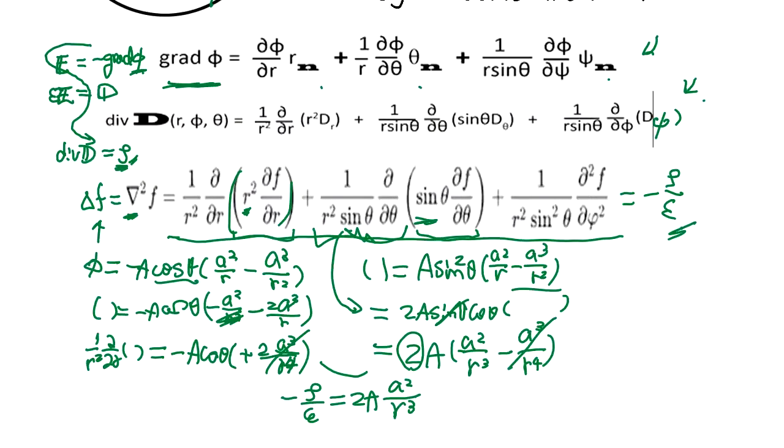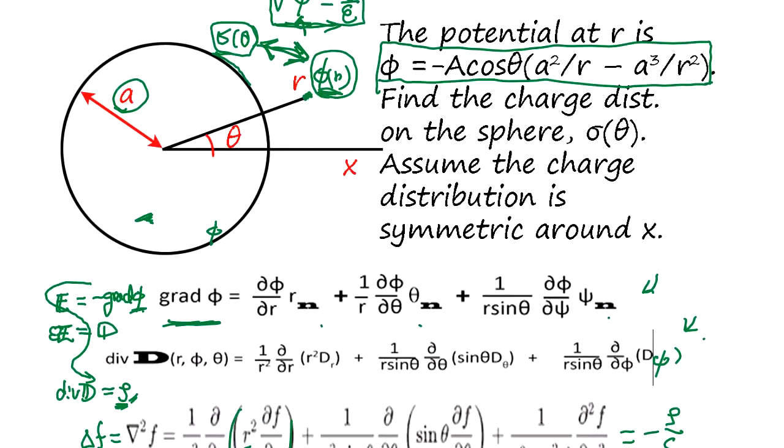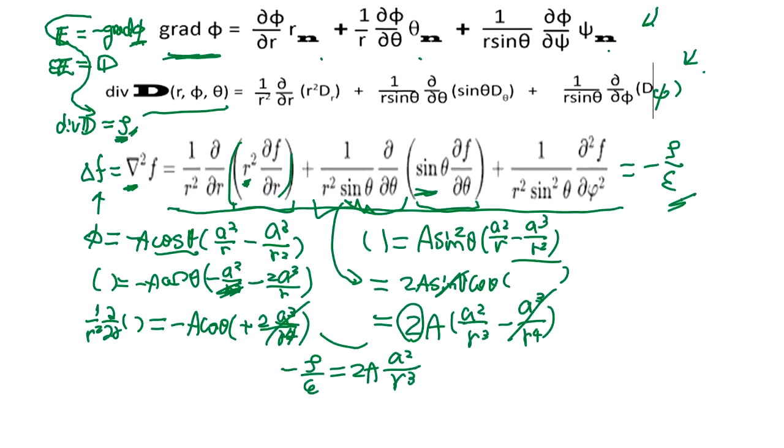And when you take the divergent at r equal a, the value here, don't forget cos theta, it's going to be 2a cos theta. Oh, this is negative, so negatives go away. No, negative stays.